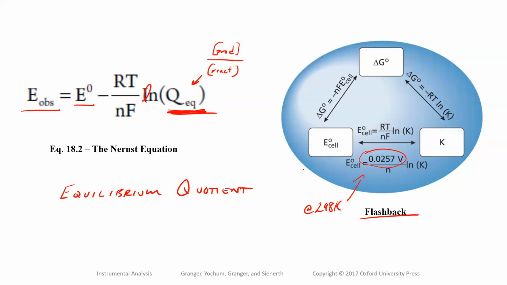The R for this one, we're going to use 8.314 joules per mole Kelvin. And then, of course, Faraday's constant is 96,500 coulombs per mole. That's related to the number of moles of electrons and the electrical charge for one electron. There's probably some more sig figs out there somewhere, but 96.5 is what I always remember.